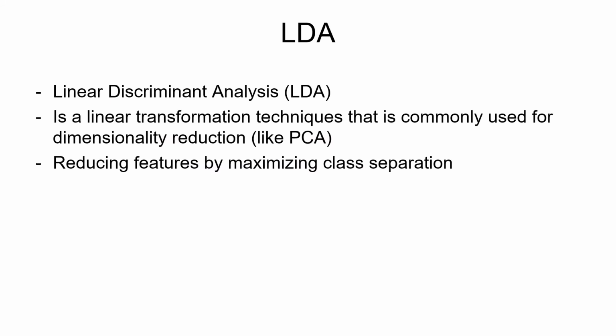methods. Both linear discriminant analysis and principal components analysis are linear transformation techniques that are commonly used for dimensionality reduction. Linear discriminant analysis seeks to best separate or discriminate the samples in the training dataset by their class values.